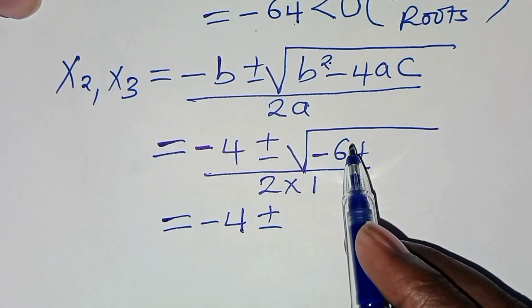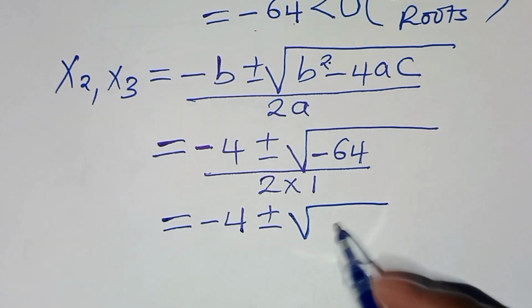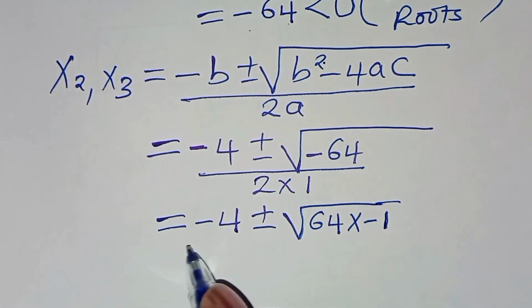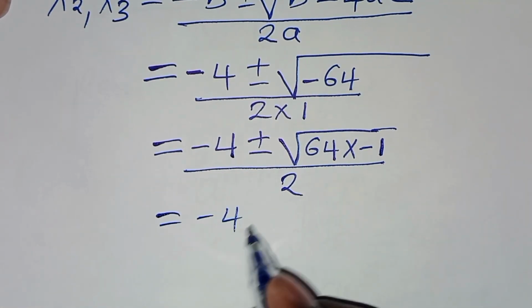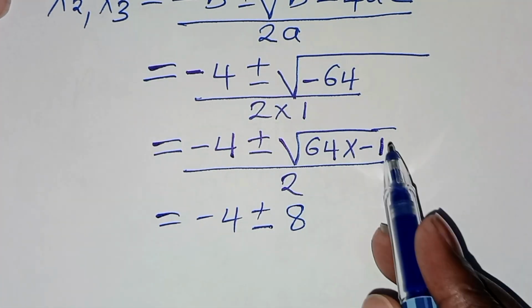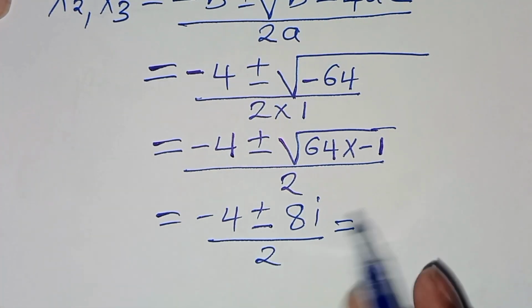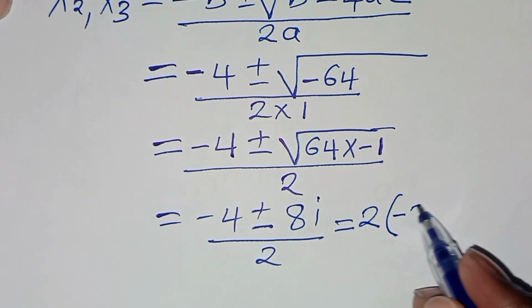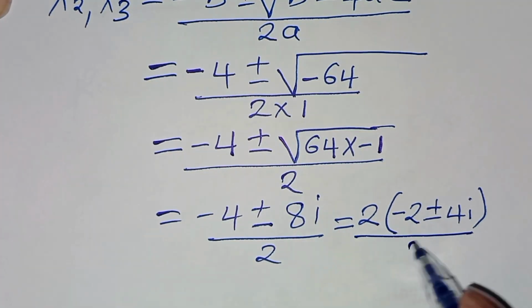Now we are able to express negative 64 as 64 multiplied by negative 1, all divided by 2. So here we have negative 4 plus or minus the square root of 64, this is 8, the square root of negative 1, this is i, divided by 2. Here we can factor out 2, so that we'll have negative 2 plus or minus 4i divided by 2.